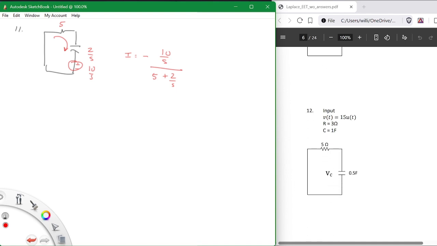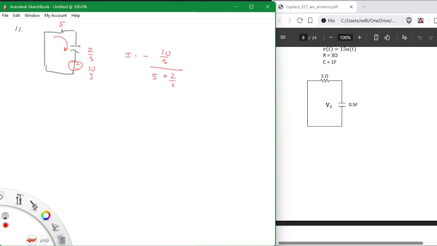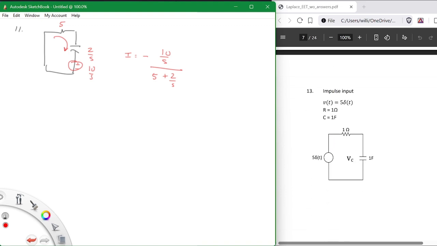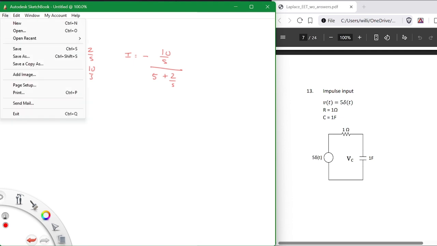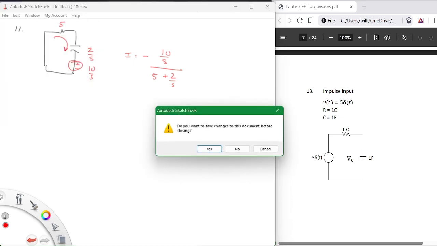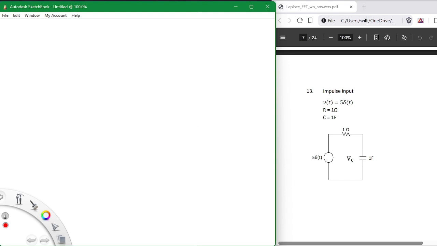Number 12, same thing, okay? 13, this is a little different. So number 13 is a delta. We have a 5 delta, which is a spike, 5 times that spike.